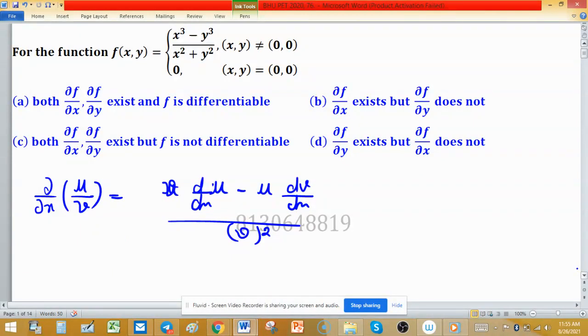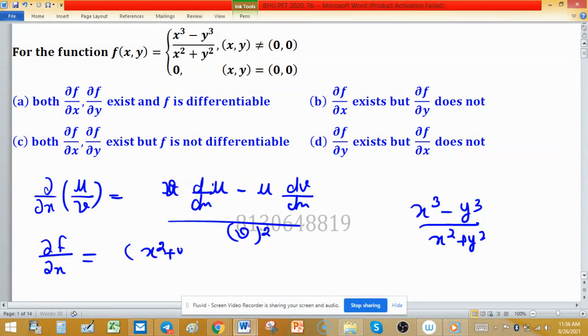the partial derivative of f with respect to x, because the function is defined by x cube minus y cube upon x square plus y square. This is a quotient function, so the partial derivative can be easily found using this formula.